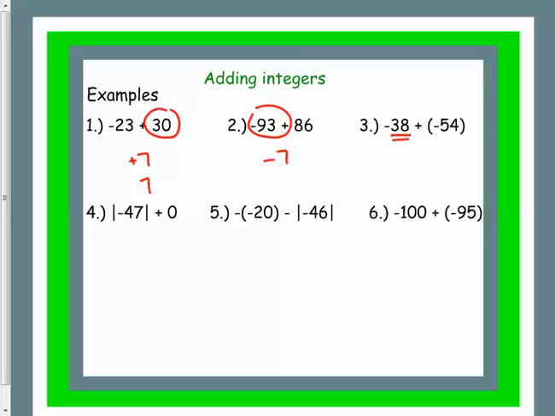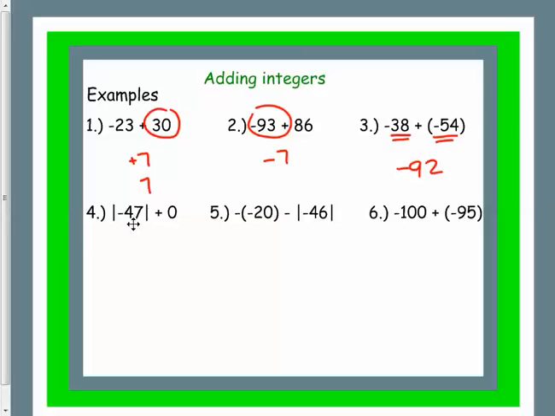These ones have the same sign, so we keep the sign, which is negative, and we add them together. Remember, you shouldn't be using a calculator for these like I told you. So 38 and 54 together make 92, and it's negative.